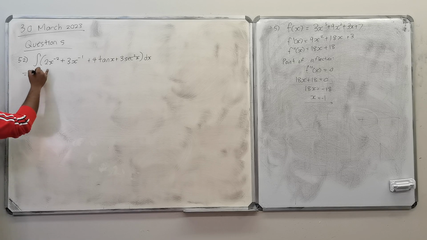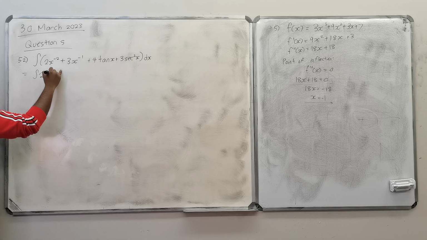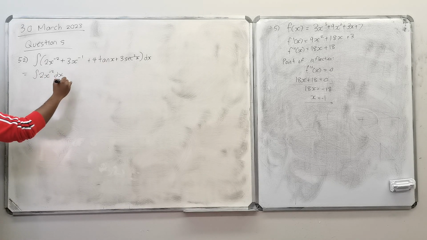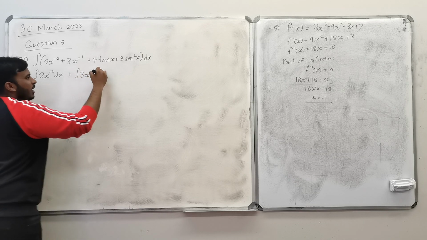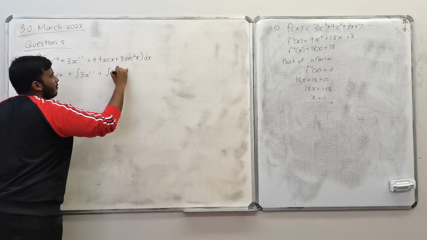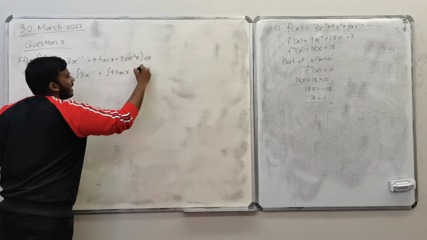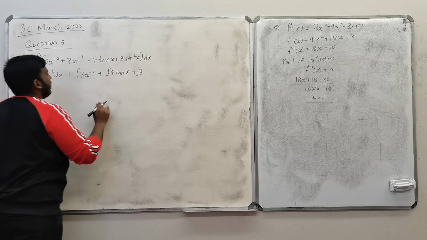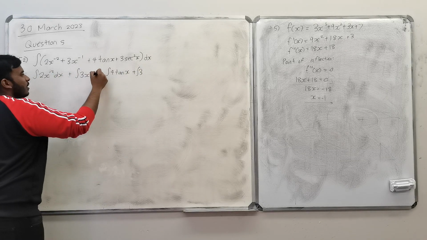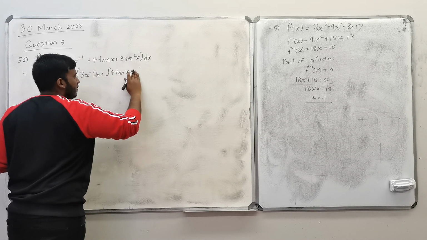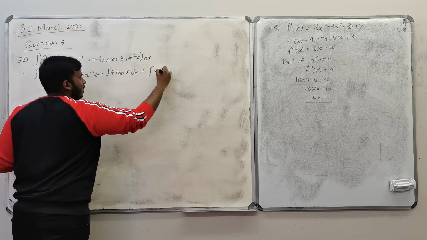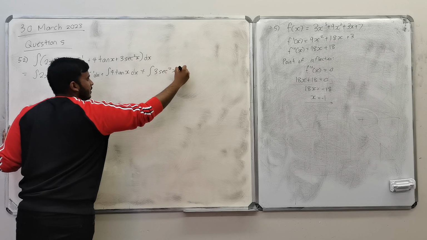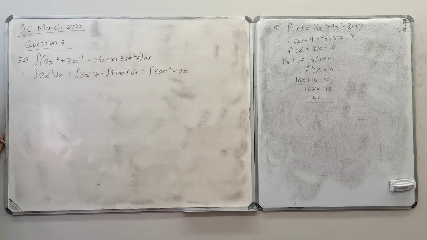Let's do each one. So you have to integrate 2x to the minus 2 with respect to dx, plus the integral of 3x to the minus 1, plus the integral of 4 tan x, plus 3 sec squared x, all with respect to dx, right? Constants you can take out.